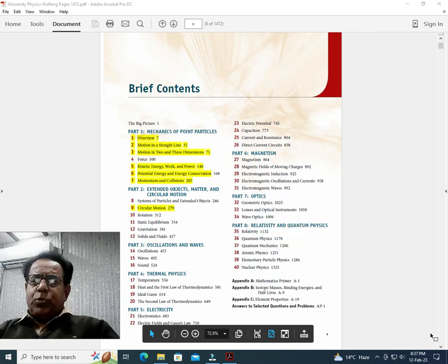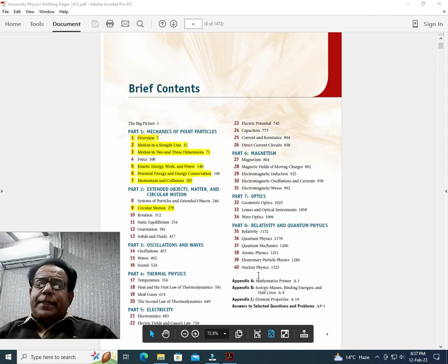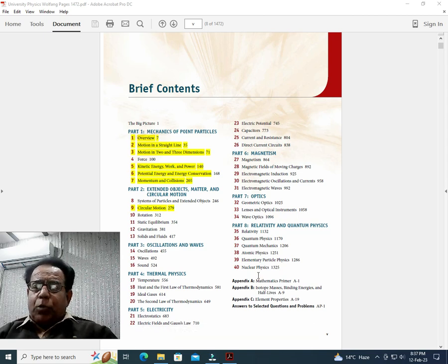These are the contents of this book. It contains 40 chapters. The last chapter, chapter number 40, is about nuclear physics, and this chapter begins from page number 1325. After this chapter, the appendix begins.